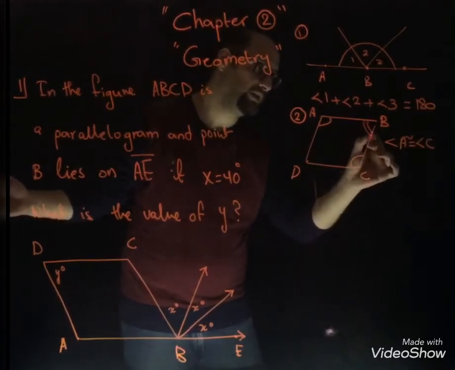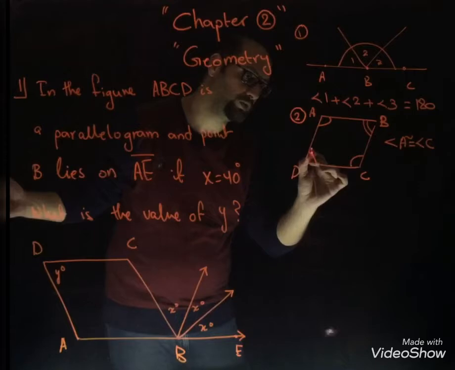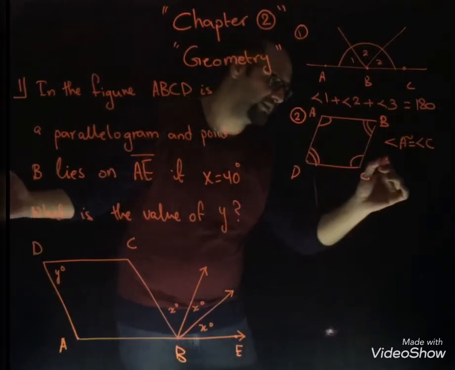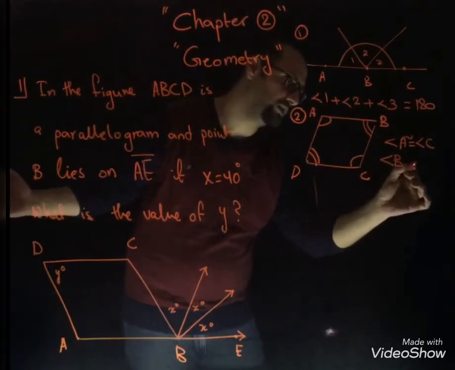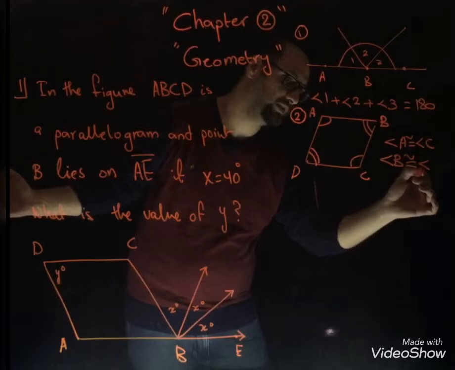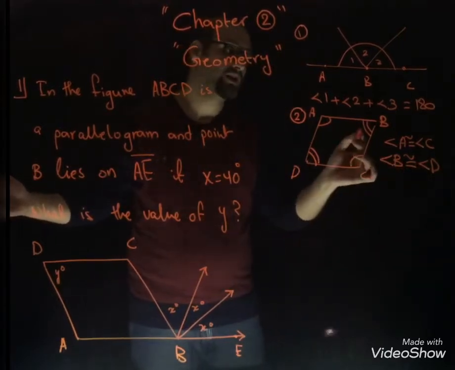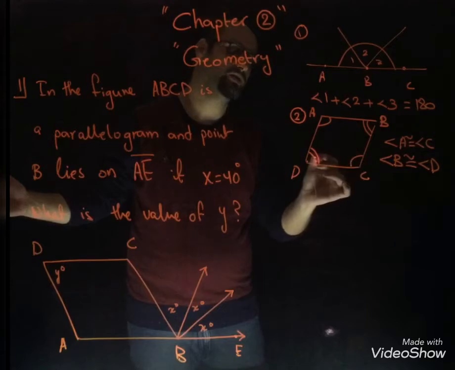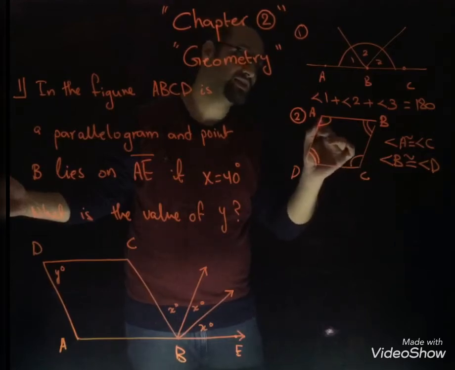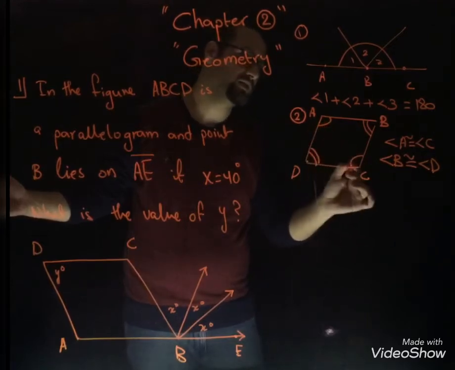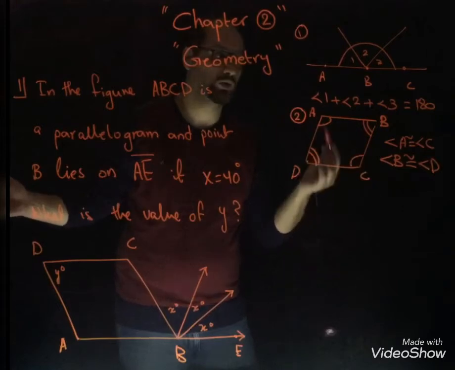The angle B always equals the angle D. This sign means congruent, meaning if this angle is 100, this angle is 100. If this angle equals 50, this angle equals 50, and so on.